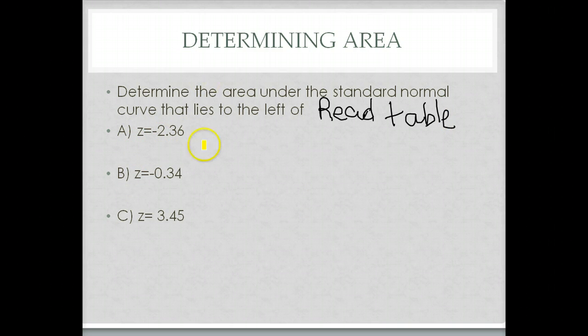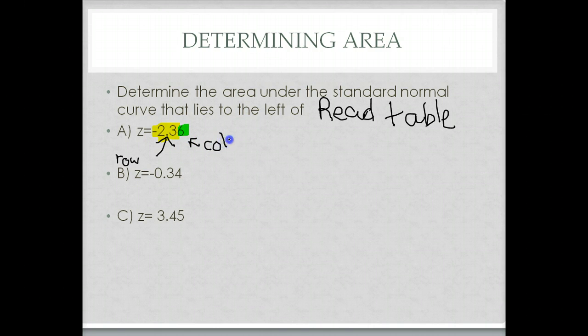Now when we read the area off the table, the first two digits, so in this case a negative 2.3, indicate the row, in the column on the left. And the last decimal place indicates the column.